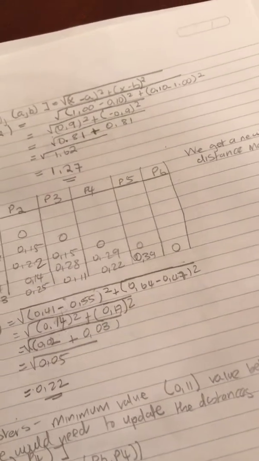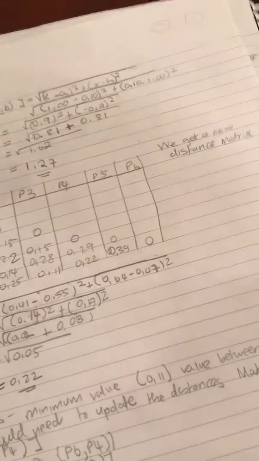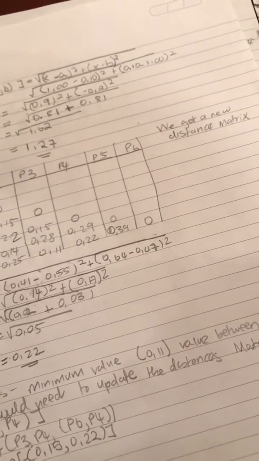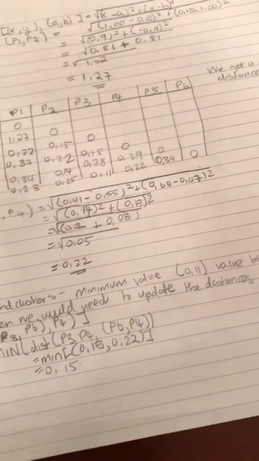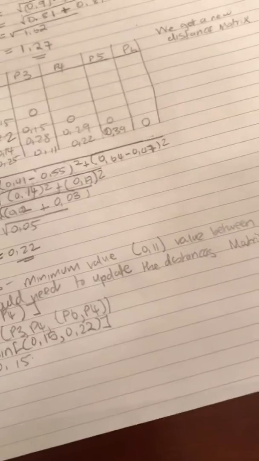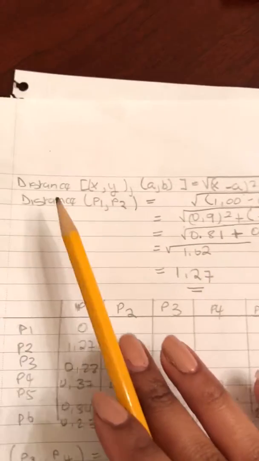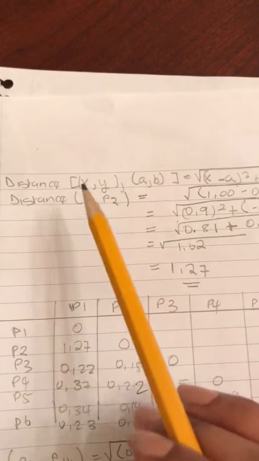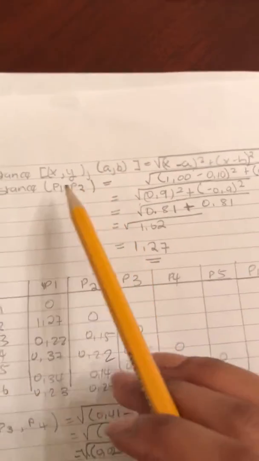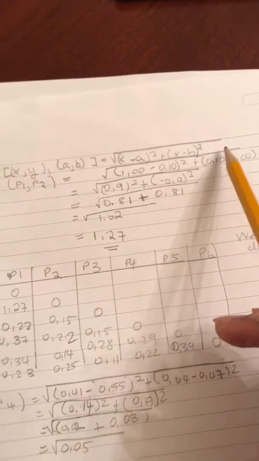And then we need to draw a graph of the points given our data set. And then we need to calculate the Euclidean distance for the distance matrix. So this is the equation to calculate the distance using the Euclidean formula.